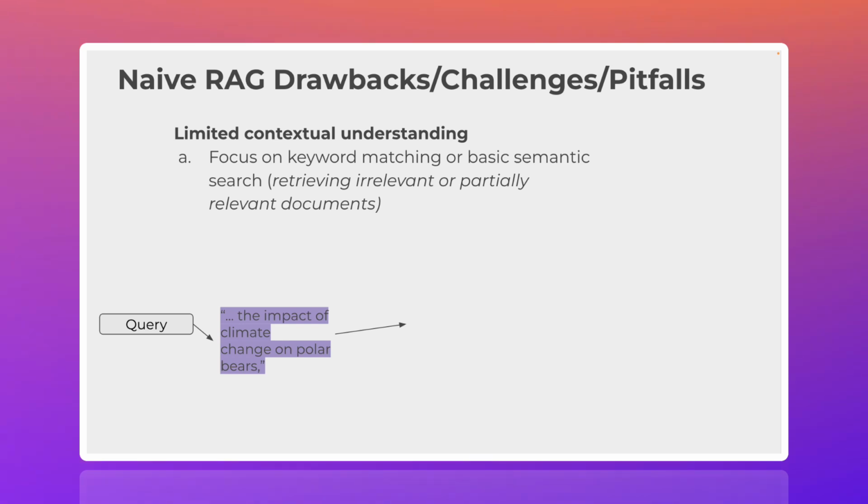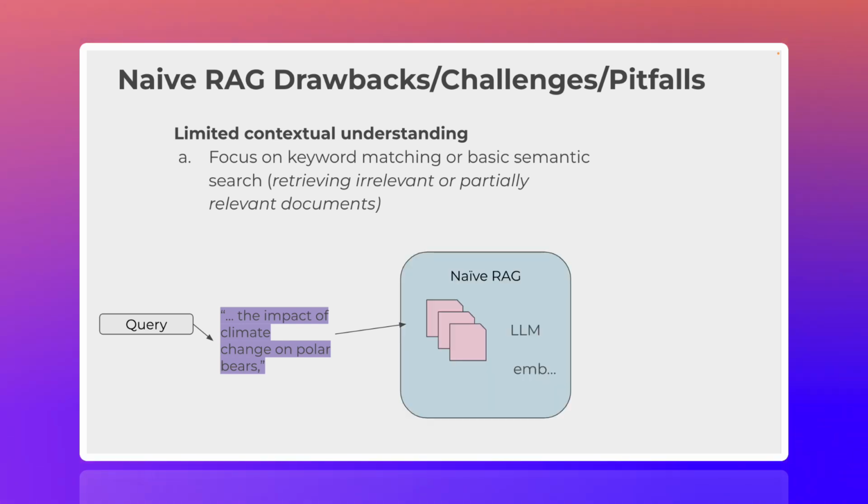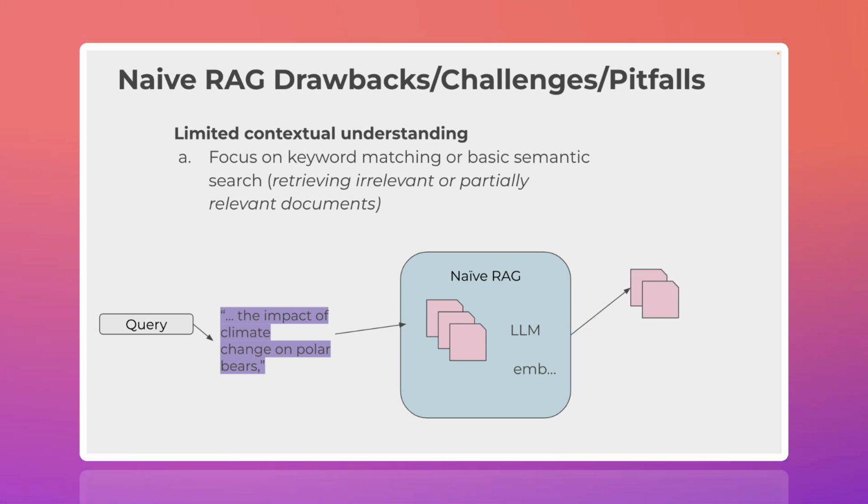That question is transferred through the whole naive RAG process, which we don't have to go through in detail as we know it. This is just an illustration. It goes through all of that, and then it just retrieves non-relevant docs on both topics. Okay? So that is the limited contextual understanding that is lacking, which is one of the pitfalls of naive RAG.